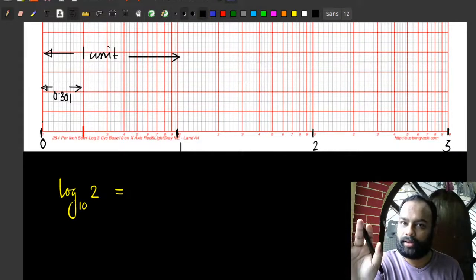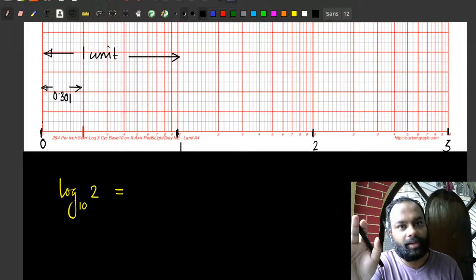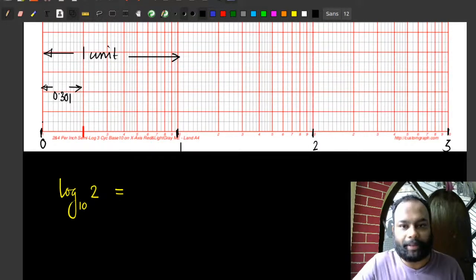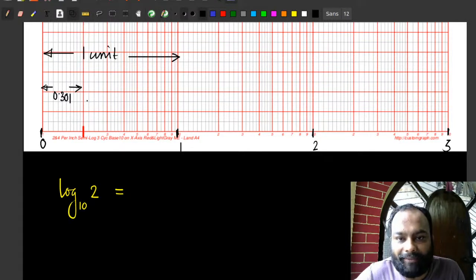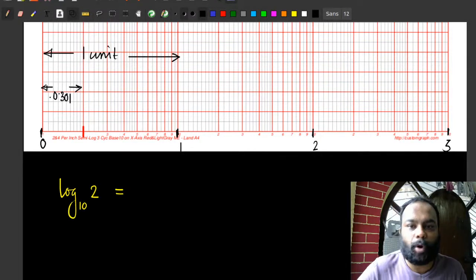Get the point? All right. So this is how this thing is designed. For example, now, and again, forget about all these. At this point, we have a line that is 0.301 units apart from this vertical line.